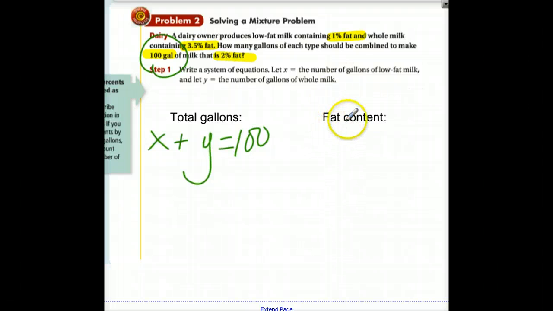Second equation, the fat content. My number of x is 0.01. 1%, as when we write a percent, we move the decimal 2 places or divide by 100.